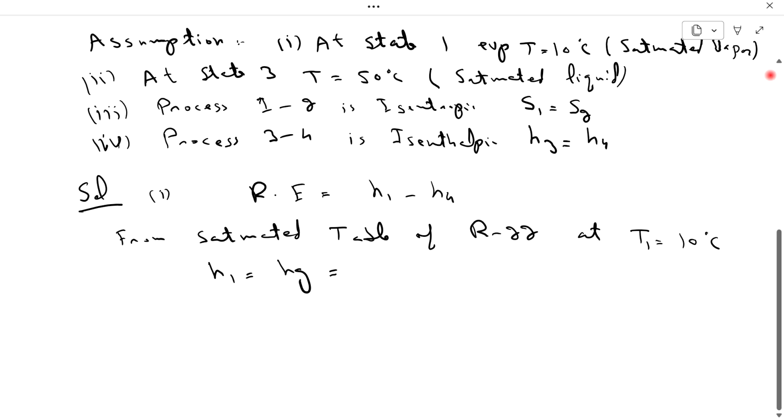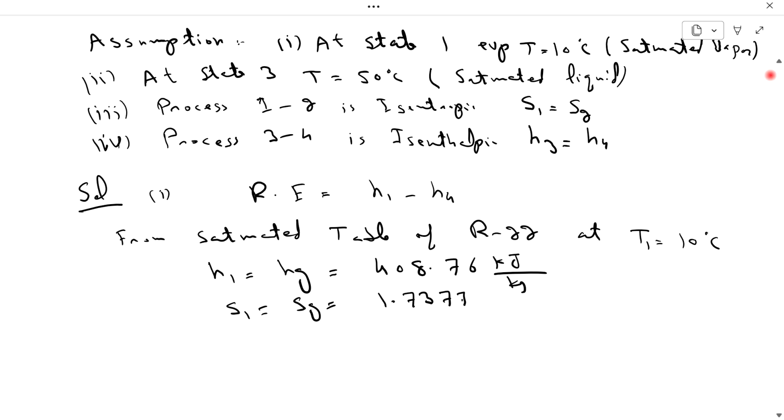So H1 is equal to Hg, equal to 408.76 kilojoule per kilogram, and S1 is equal to Sg, 1.7377 kilojoule per kilogram per Kelvin.